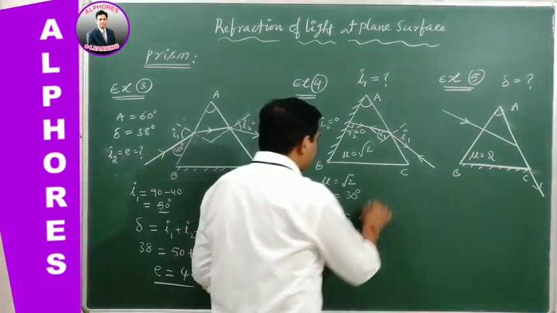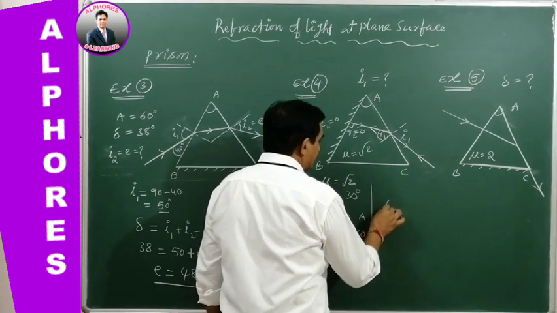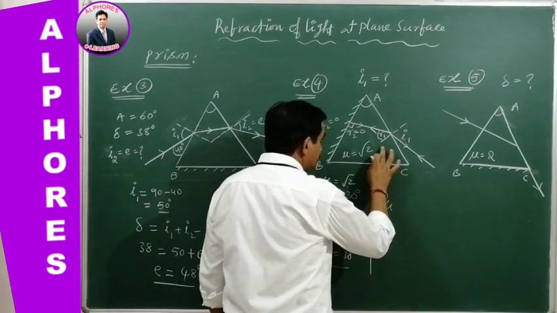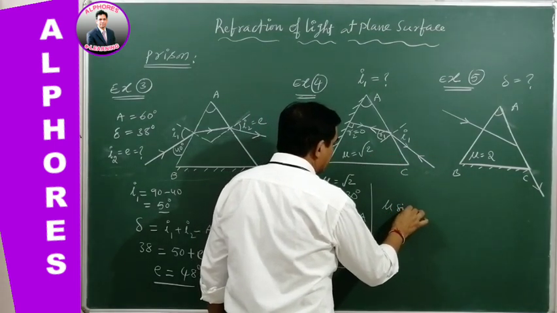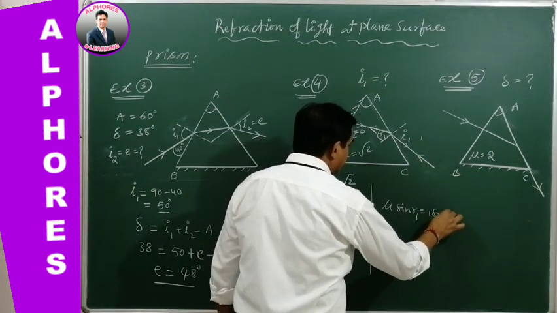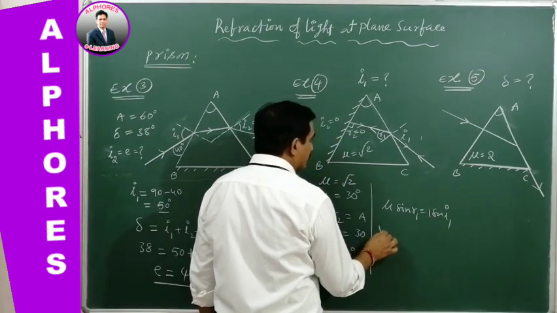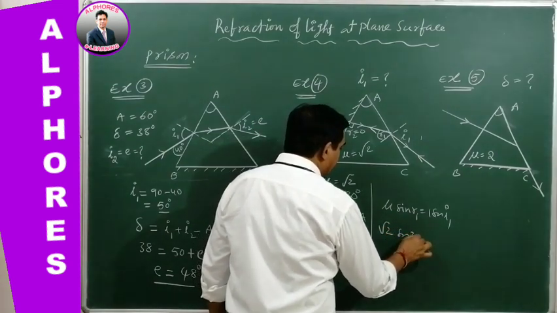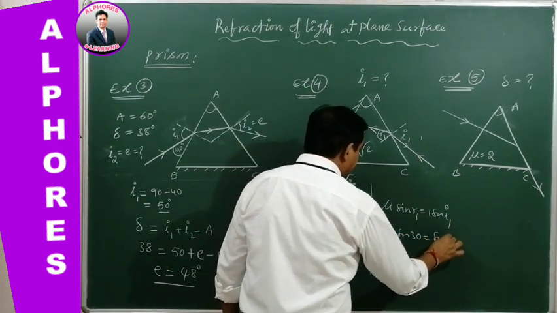After finding this, we go for Snell's law. Mu into sine R1 is equal to the outside refractive index 1 into sine I1. Therefore √2 into sine 30 degree equals sine I1.